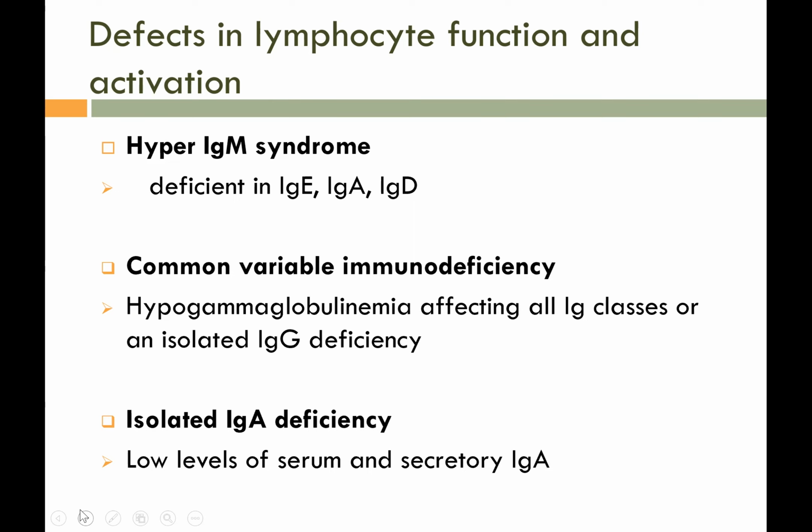The third written here is an isolated IgA deficiency, which is a common immunodeficiency caused by impaired differentiation of naive B lymphocytes to IgA-producing plasma cells. Most individuals with IgA deficiency are asymptomatic. But you must remember that because IgA is a major antibody in mucosal secretions, the mucosal defenses are weakened and infections often occur in the respiratory, gastrointestinal, and urogenital tract.